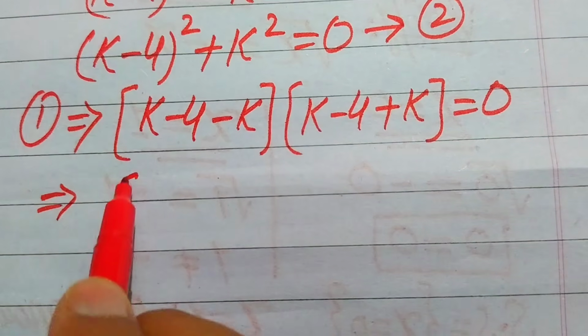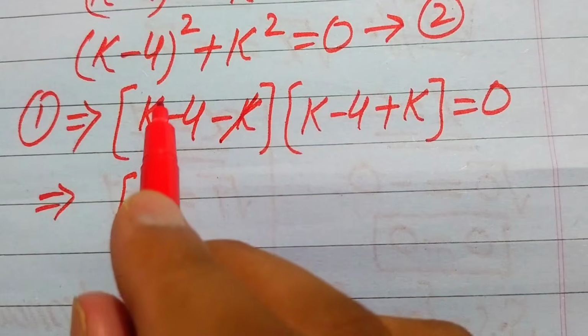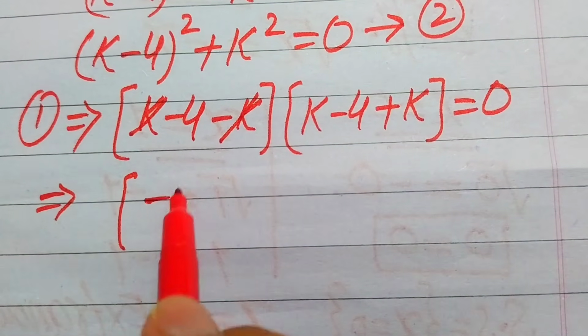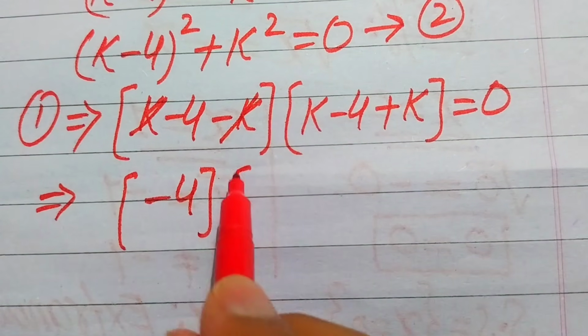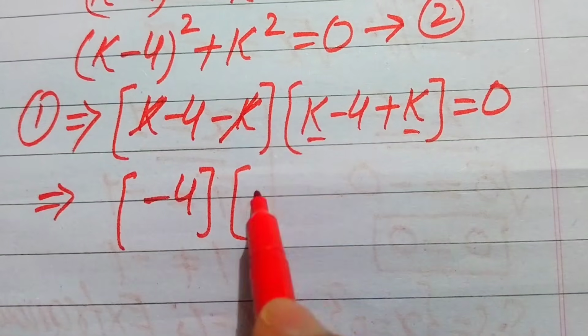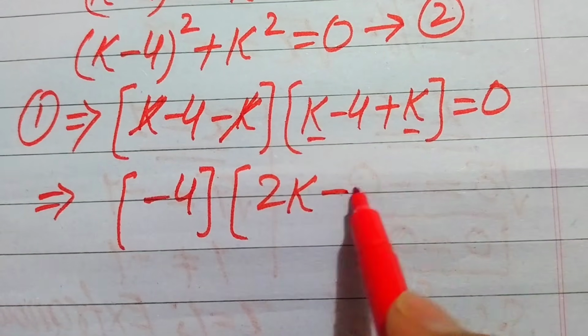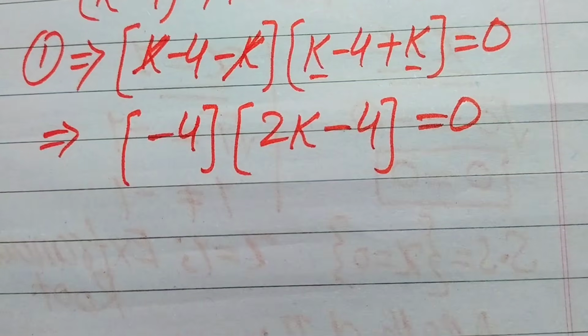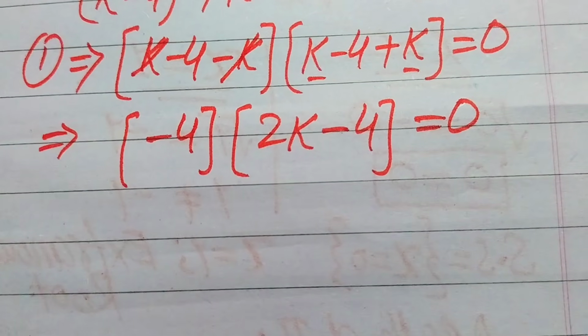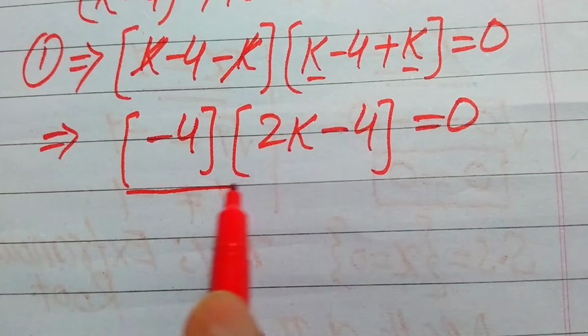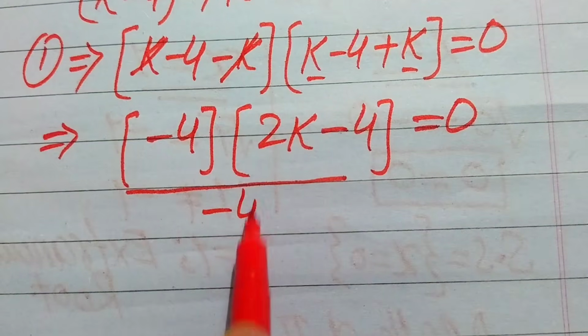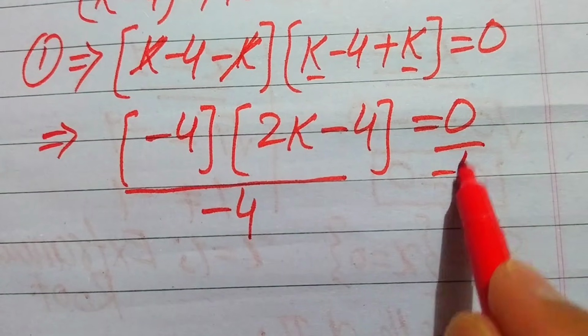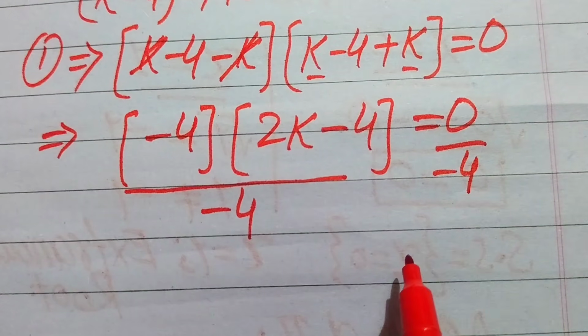Here we add or subtract the like terms. The minus k and plus k are gone, and we get -4 times (2k - 4) = 0. Now we divide this equation on both sides by -4 in order to remove the -4 from here.